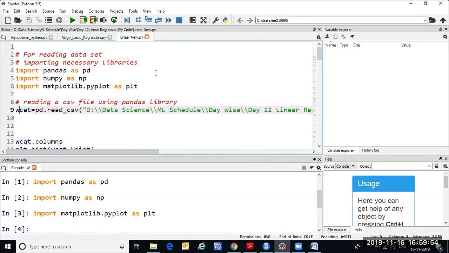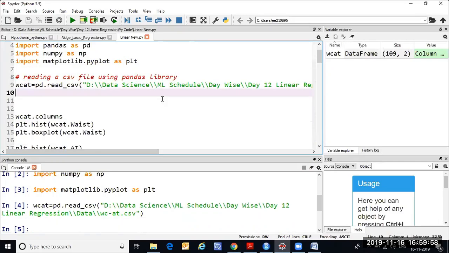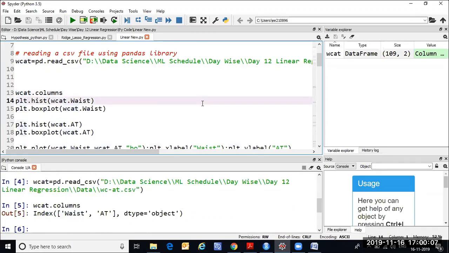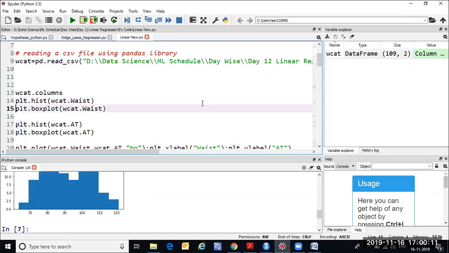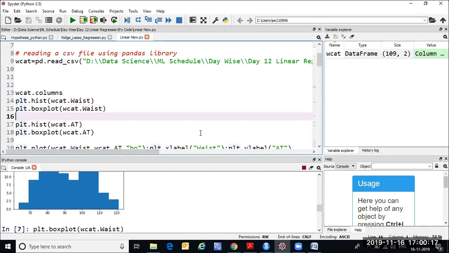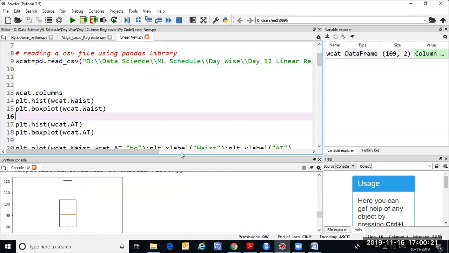WC80 is the variable. WC80.columns is waist and adipose tissue. Histogram to see the distribution of the data, and box plot to understand if at all there are any outliers. Right?